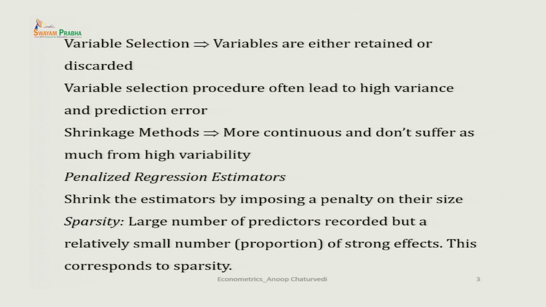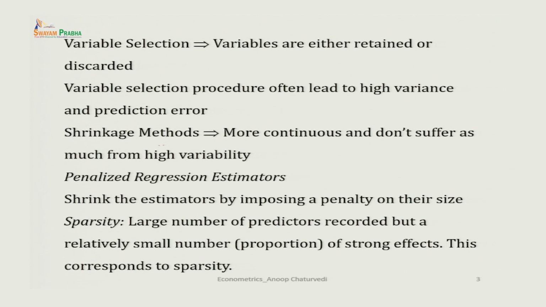Then variable selection procedure often leads to high variance and prediction error. So, it does not work well. We also discussed another problem with the variable selection procedure. If we apply some test procedure like t test, then it does not work in the presence of multicollinearity.